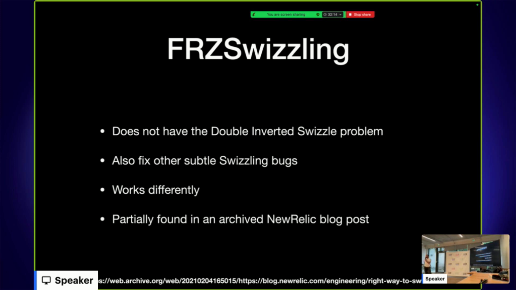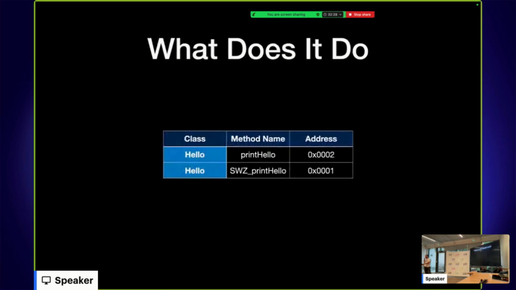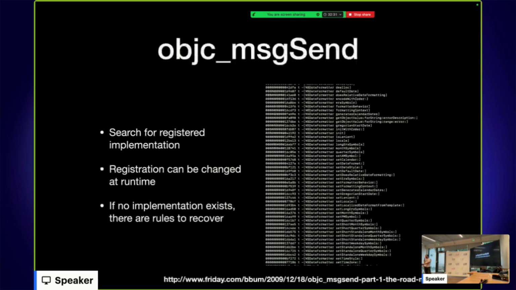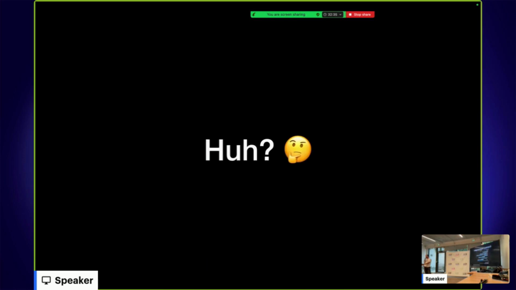Let's say, for instance, this is a common problem with swizzling. Let's come back to it because it will be easier with an example. Sorry about that, I have to find the method.